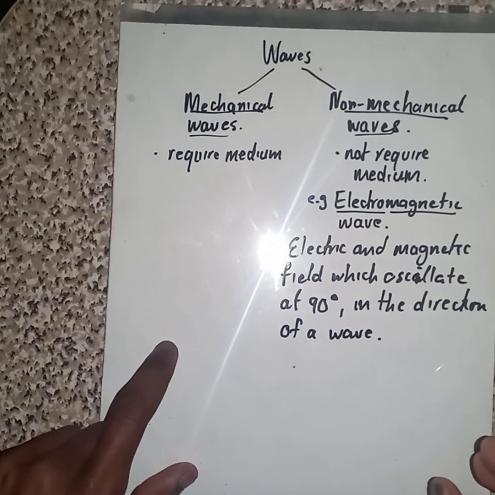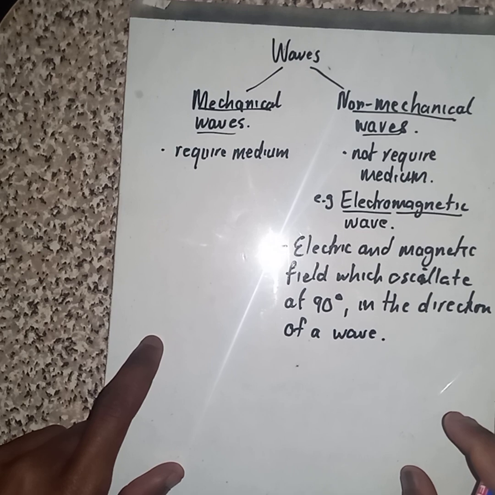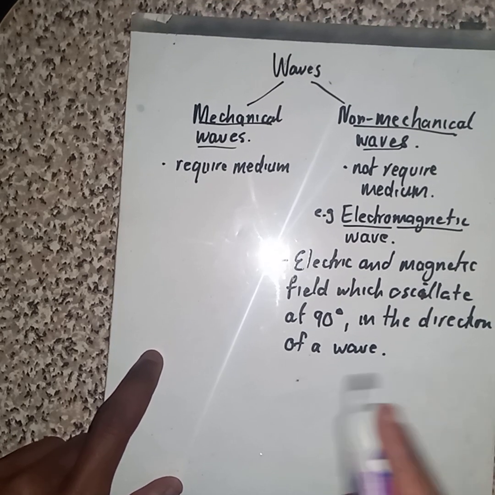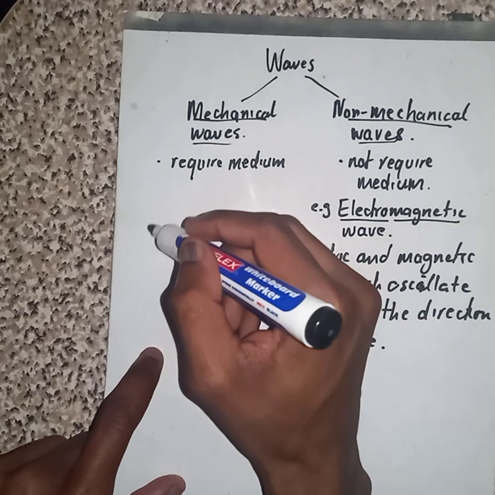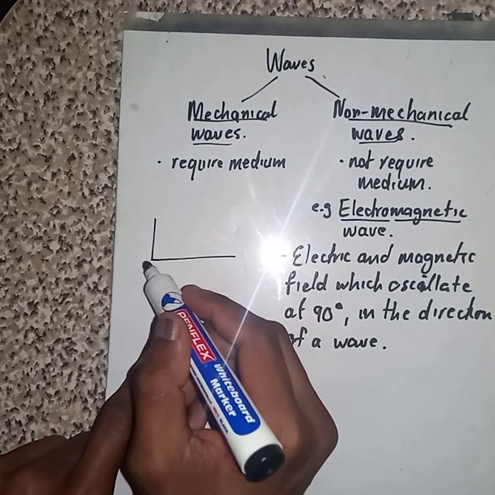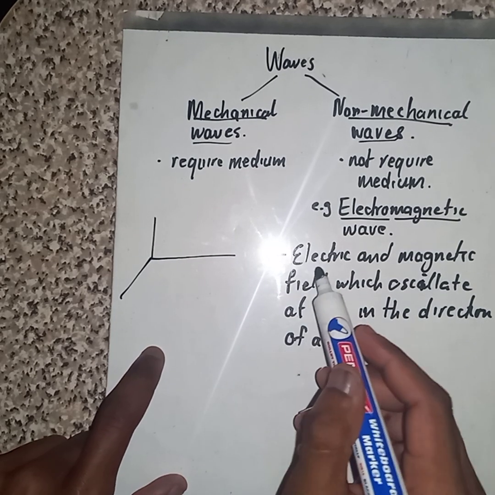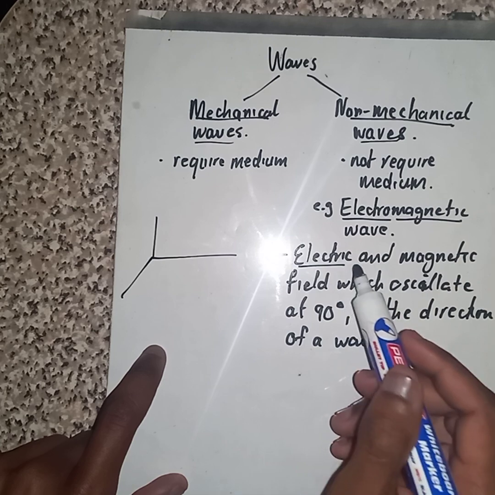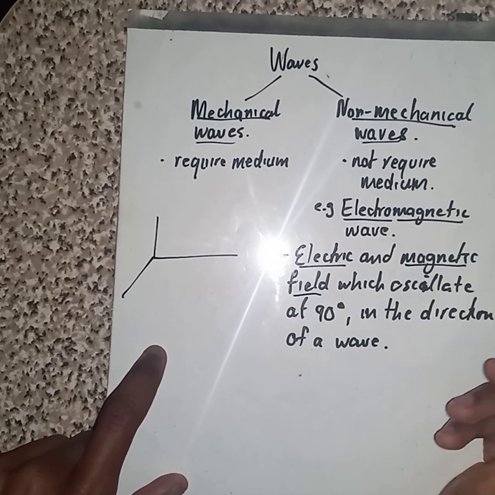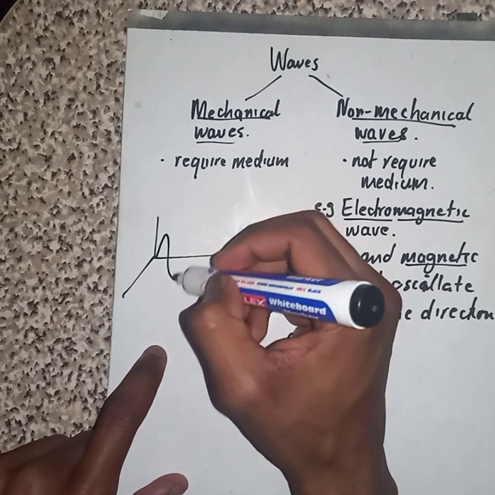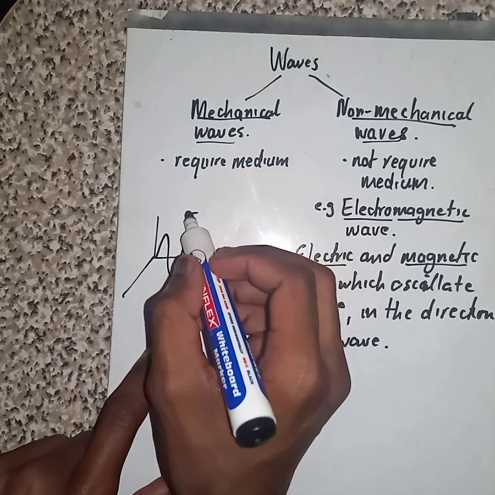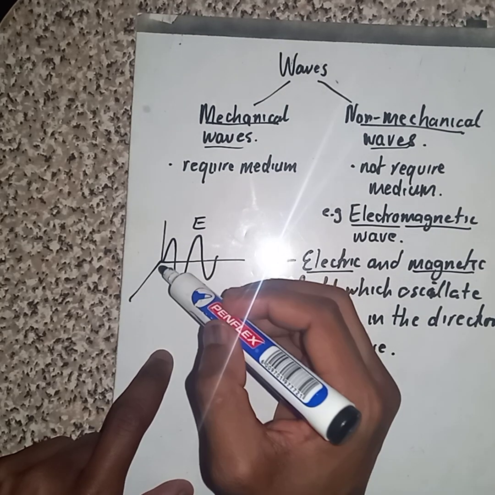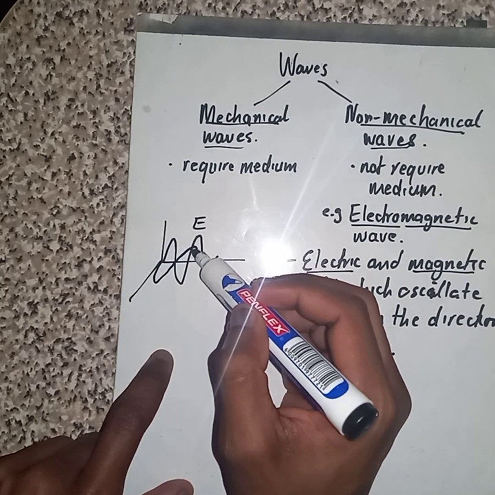See, if I were to draw the electromagnetic wave, it would look like this. Bear in mind that it's made up of electric field as well as magnetic field. I have our electric field and also what?